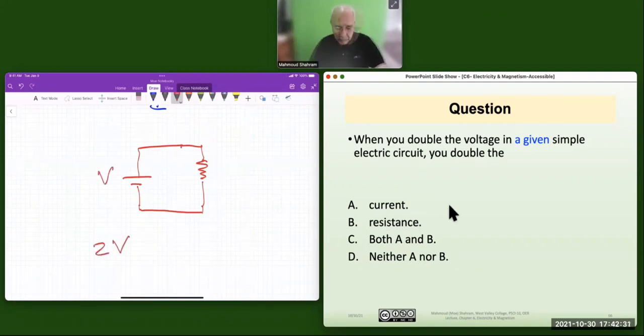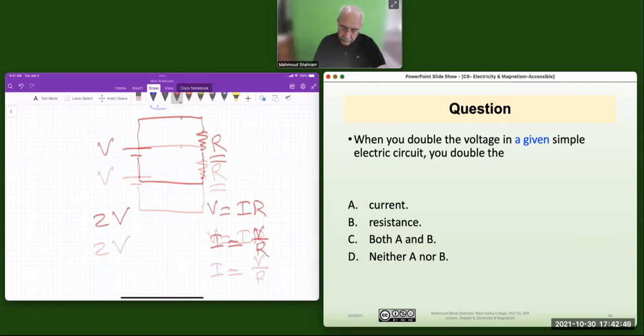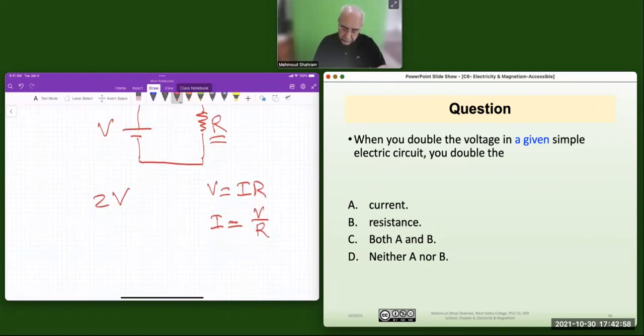R is going to be fixed, and we know V is equal to IR, so I is equal to V over R. If we make V 2V, R being the same, what happens? It would be 2I equals 2V divided by R. So you doubled the current.